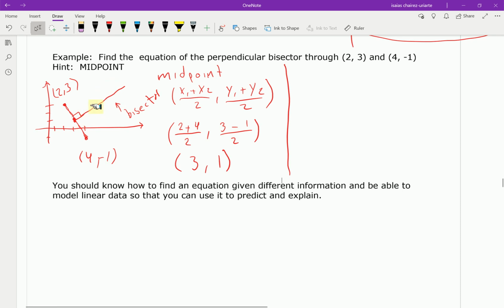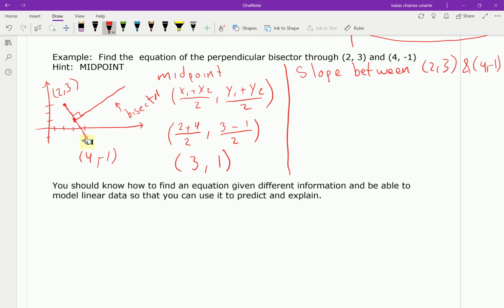And how do I find the slope of this line? Well, since this line and this other one are supposed to be perpendicular, it will help to find the slope between 2, 3, and 4, -1, and then use the negative reciprocal of that. So let me do that. Let's find the slope between 2, 3, and 4, -1.